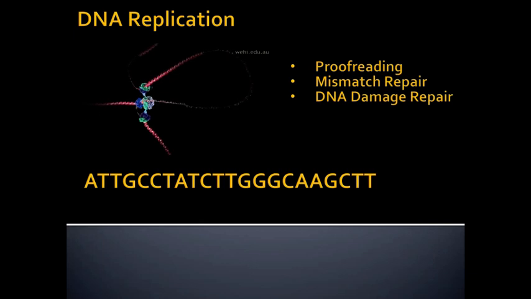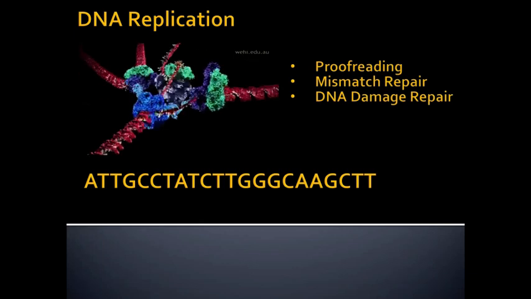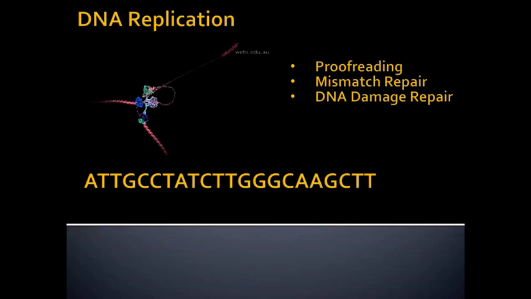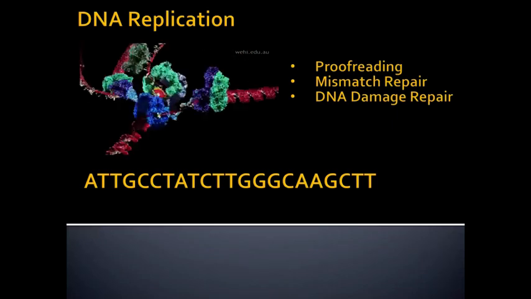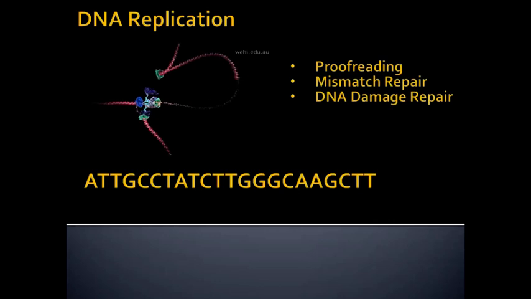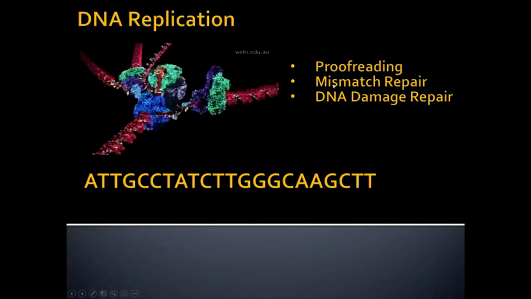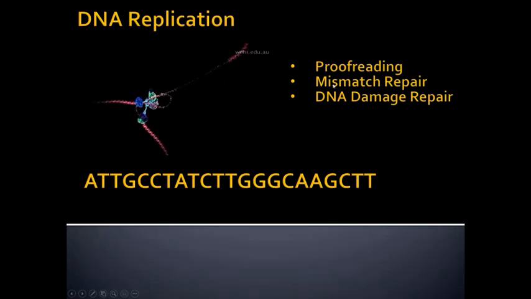And then, of course, there's DNA damage repair. And there are many things, chemicals, UV exposure, that can damage DNA. And if so, there are mechanisms that help to repair that. Now, for DNA replication, we're primarily interested in these first two. In the long run, all we really want to know is how often a mistake is made.